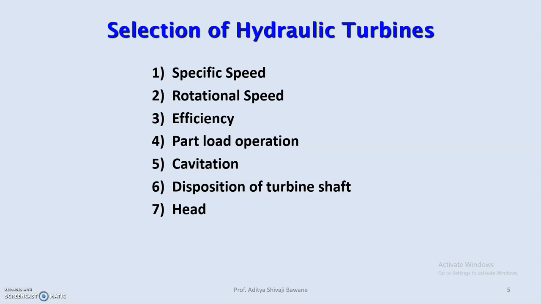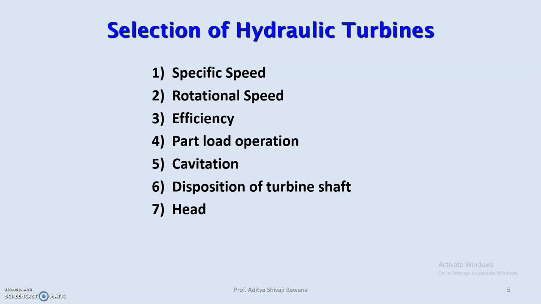Let us say for varying load we generally prefer Deriaz turbine, or for lower capacity we prefer Kaplan turbine for varying head. Next is cavitation. Cavitation will also impact the reaction type of turbine, where you need to minimize the effect of cavitation. Again in that case Kaplan turbine is especially preferred, or bulb type turbine.